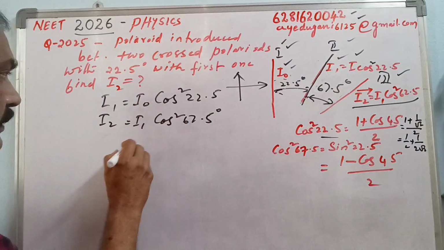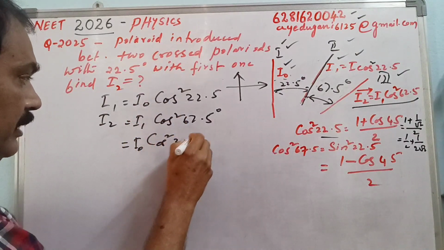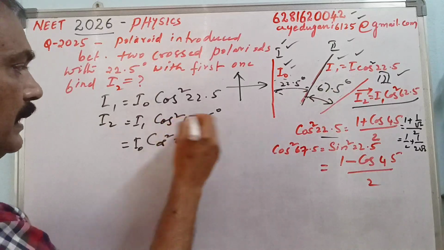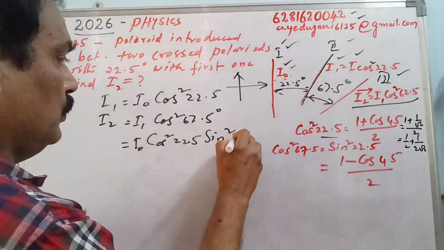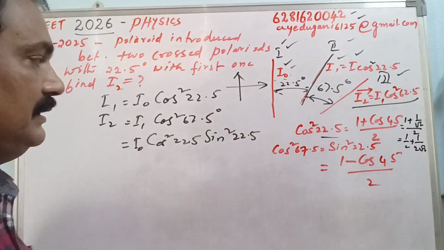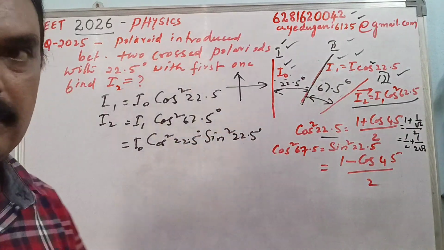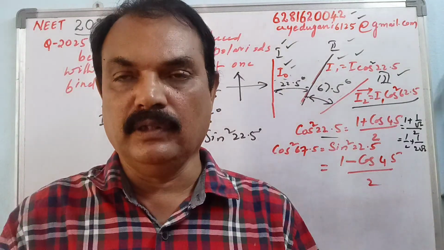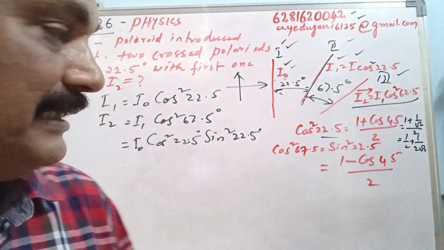So if you substitute I1, what will you get? I0 cos square 22.5. Again, this cos square 67.5 can be written as sin square 22.5. This is the final expression. You generally know how to substitute and all. With mathematics, you can easily understand.